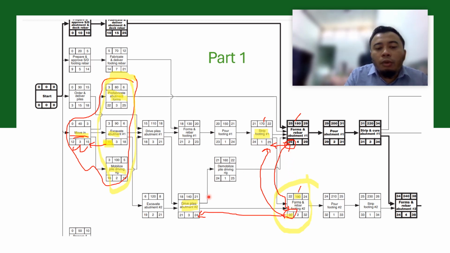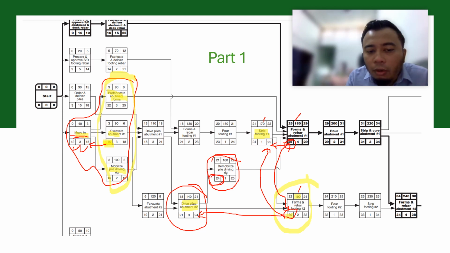The same goes for the activity of drive piles here. Drive piles actually has two succeeding activities. It is actually a burst activity. So you have a demo of pile driving rig, whose latest start should be at day 24.